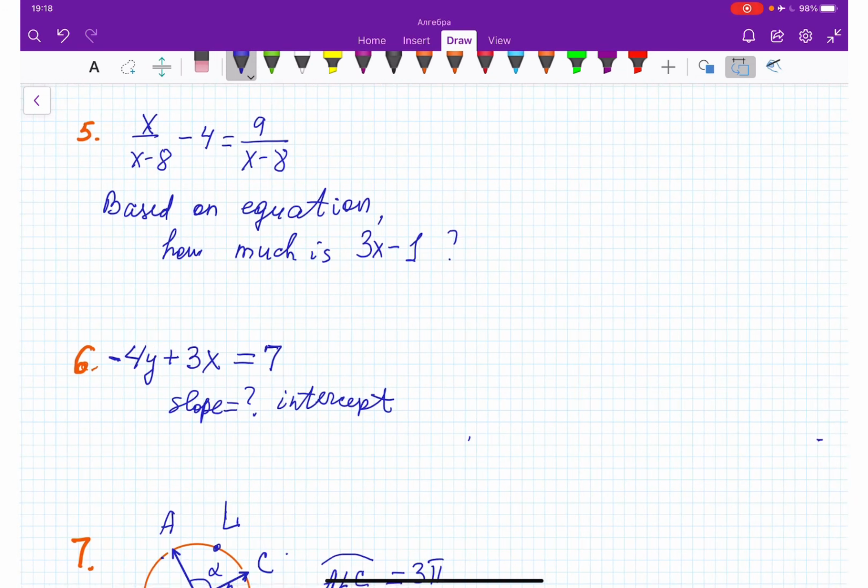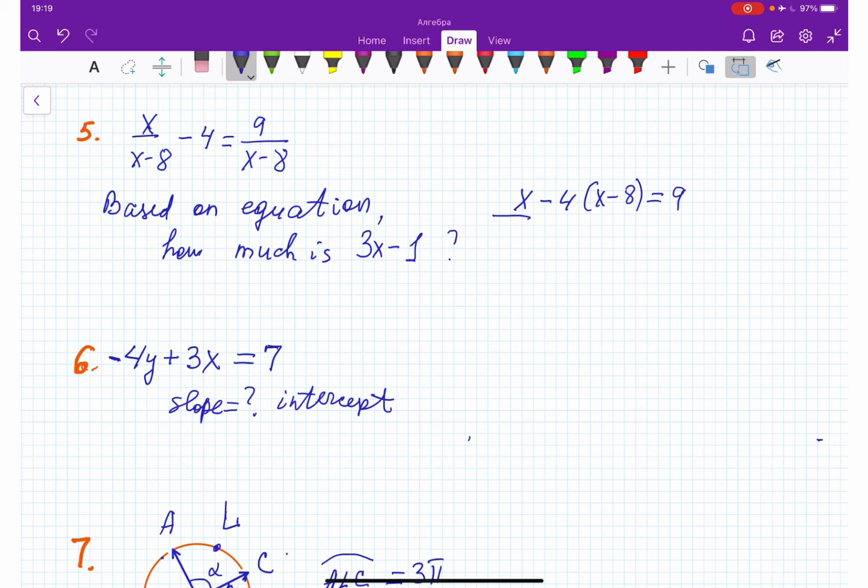So bringing to a common denominator, it's going to be x. The only term that doesn't have a denominator is 4. So it's going to be minus 4 times x minus 8, right? This is equal to 9. Once you bring to a common denominator, you're going to drop the denominator. That's exactly what I did. Okay, let me write it down.